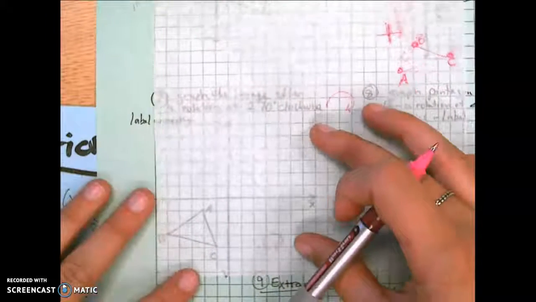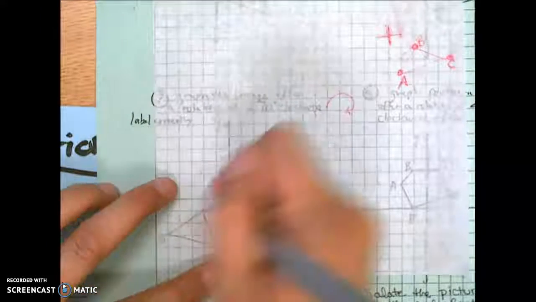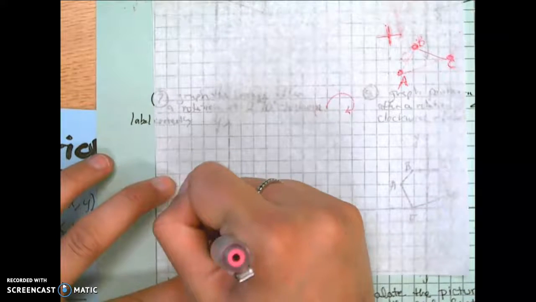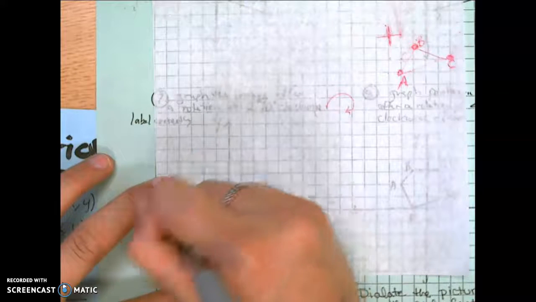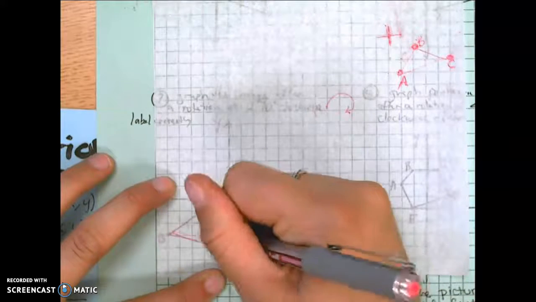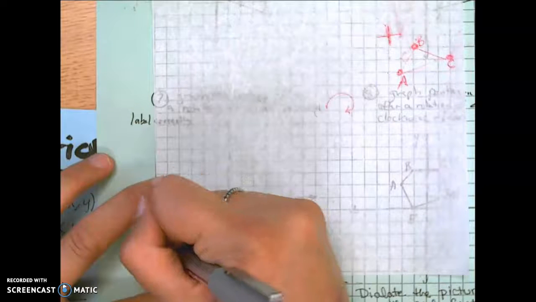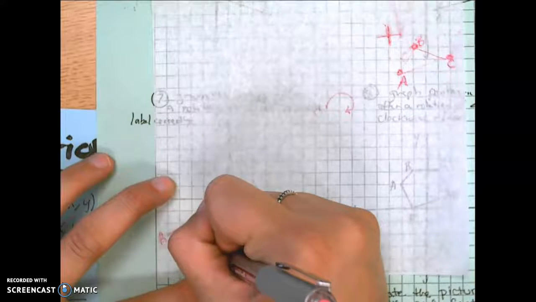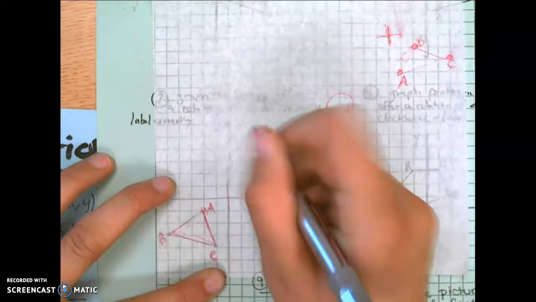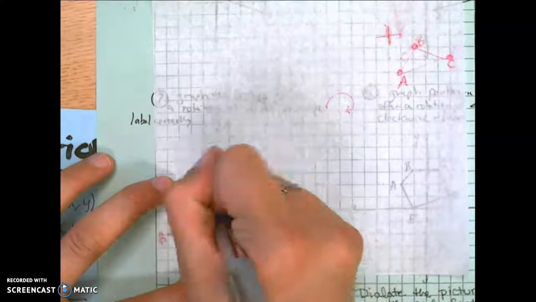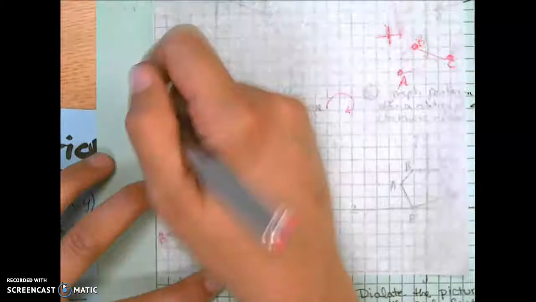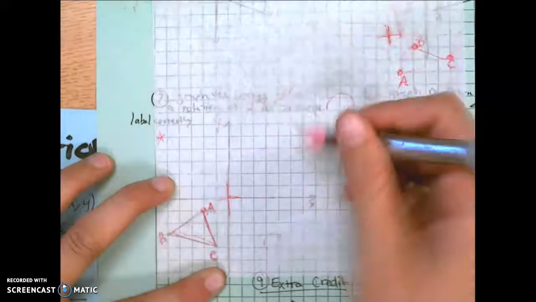So I'm going to take my paper, line it up, trace over, got A, B, C again. Try and be more accurate than I'm being. A, B, C. I'm going to do my little cross so I know which way is 90. Put a star up at the corner.